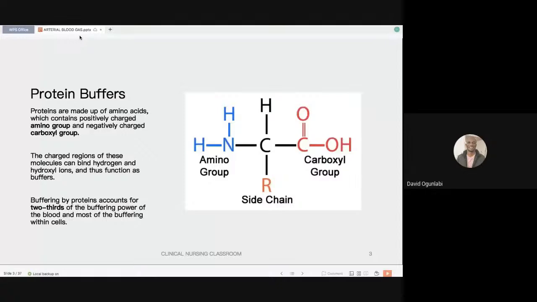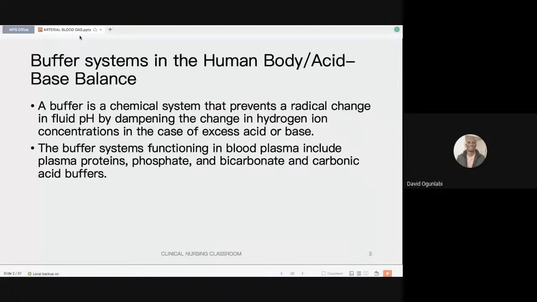I just want you to know that the buffer systems in the body contain plasma proteins, phosphates, bicarbonate, and carbonic acid. Today, we are going to be dwelling more on the bicarbonate and carbonic acid, so I don't want to spend time on the plasma proteins and the phosphates.